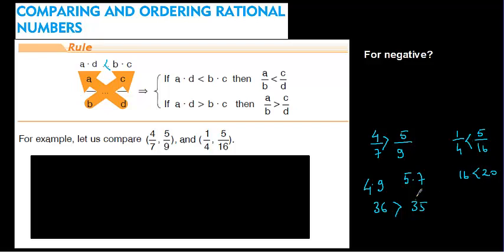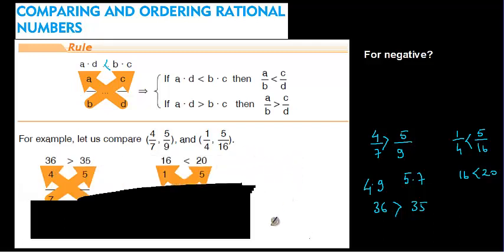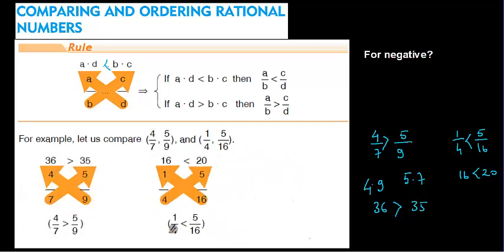That's why 5 over 16 must be bigger than 1 over 4, or 1 over 4 is less than 5 over 16. Actually, the operations are given here, showing how to do that. It's written here, that's why I showed them here.